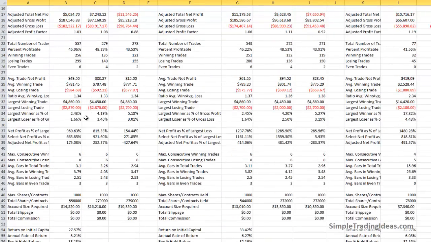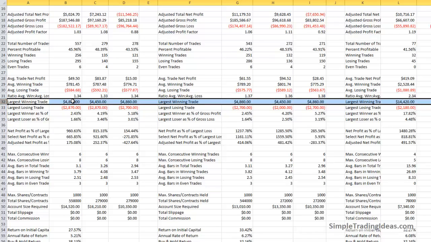Ah, here we go. That's the largest winning trade. In these cases, there and there, it was almost $5,000. Here, it's 14 something. So that's a big number.